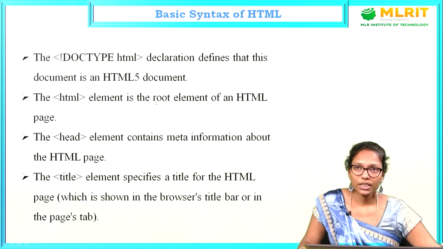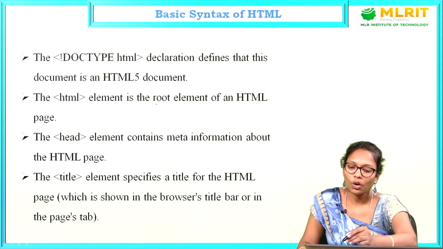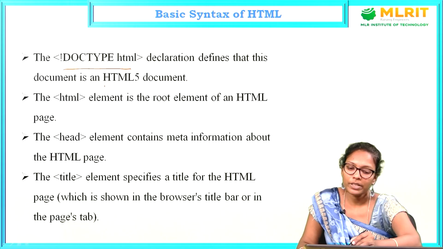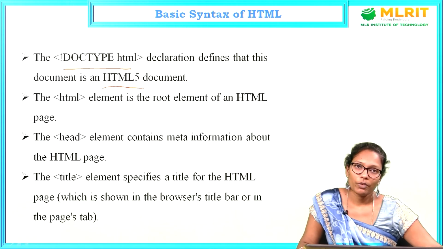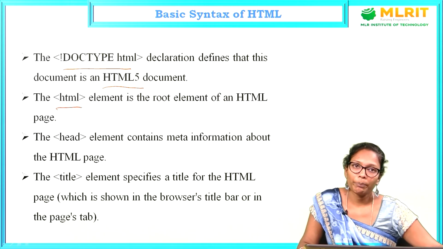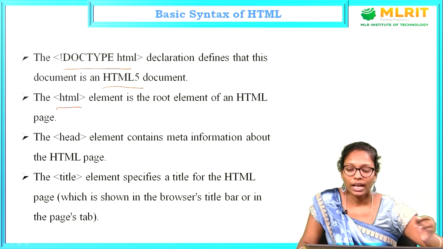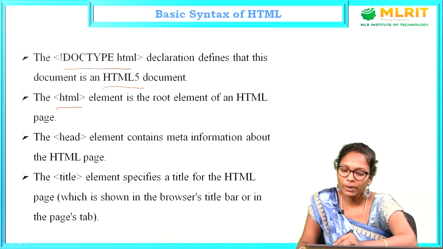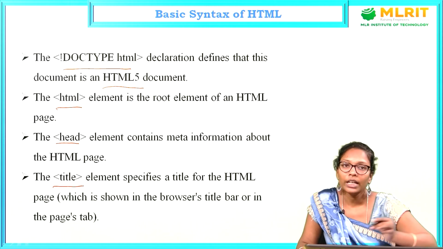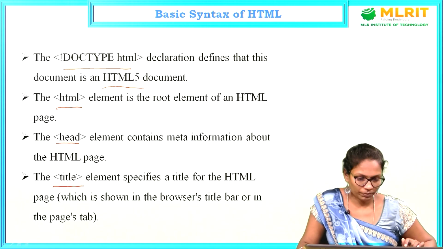So this is the description about the previous program. Already we discussed the doctype. It indicates the type of the document, and presently you are using an HTML 5.0 document. And what is the root element for your web page? That is html. It contains two parts. The first part is the header section, and in this section you are going to write the title of your web page.